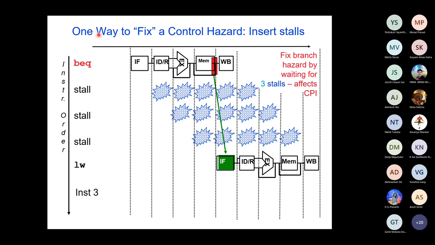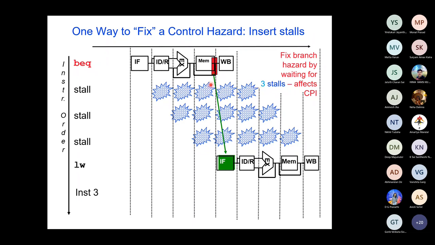So this is the straightforward or naive technique for fixing a control hazard: you need to insert 3 stalls. You need to wait for 3 clock cycles. After that, you would be able to ascertain whether the branch is taken or not taken.